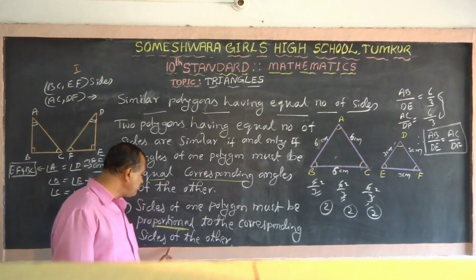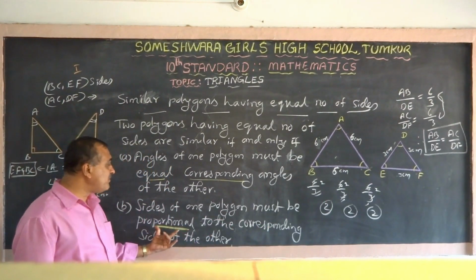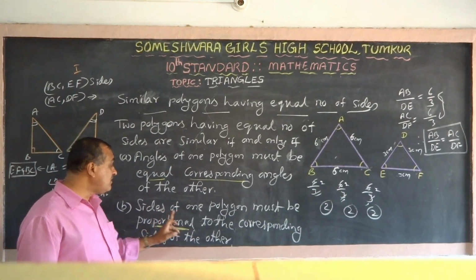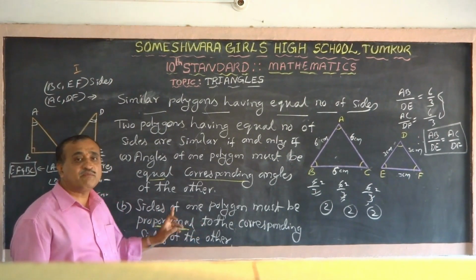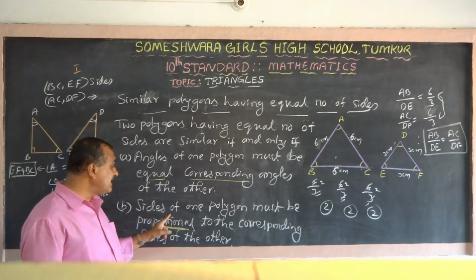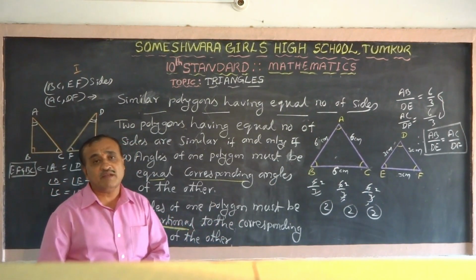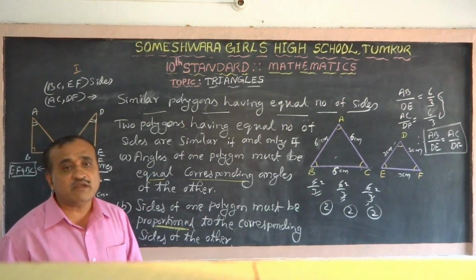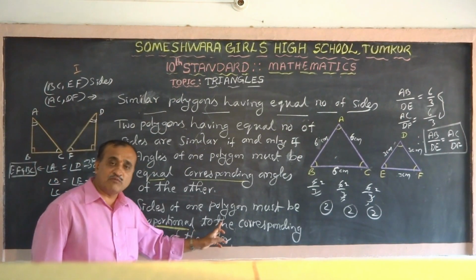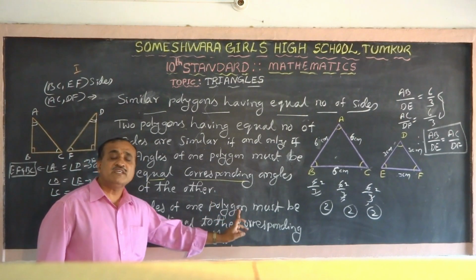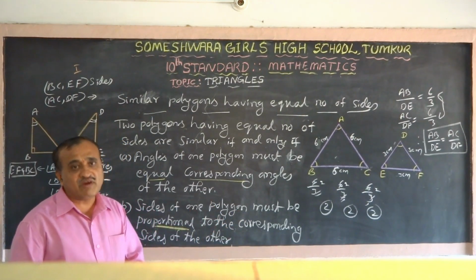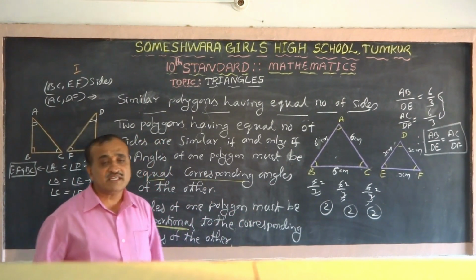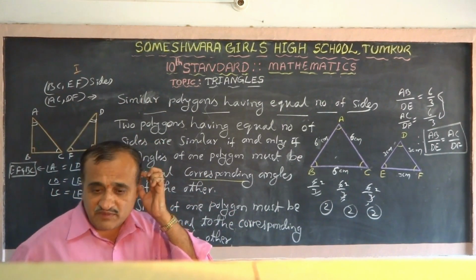If you do not understand the word proportional, remember the ratio of the corresponding sides must be equal. If these two conditions are satisfied, then we say the two polygons are similar.